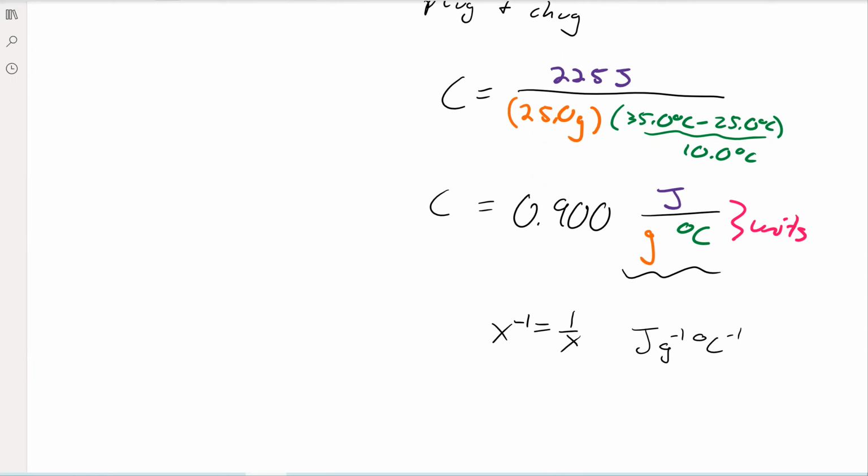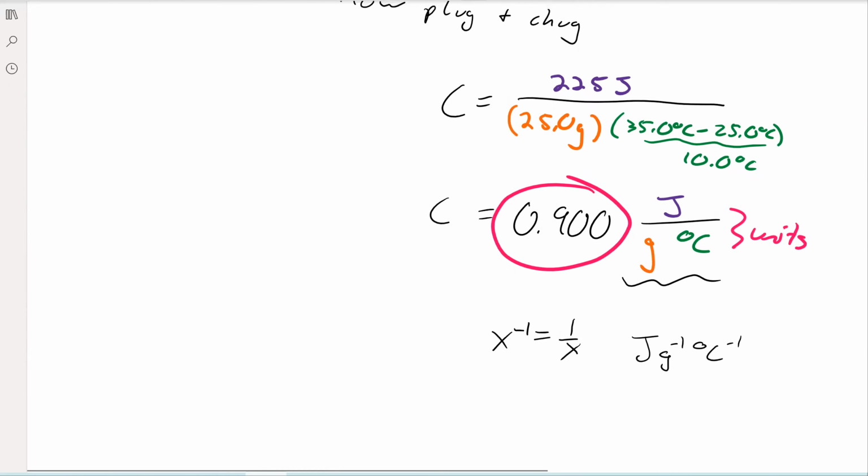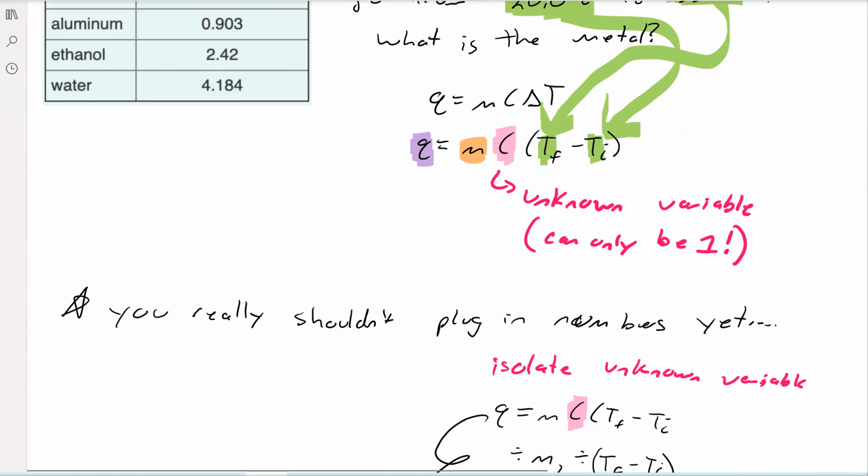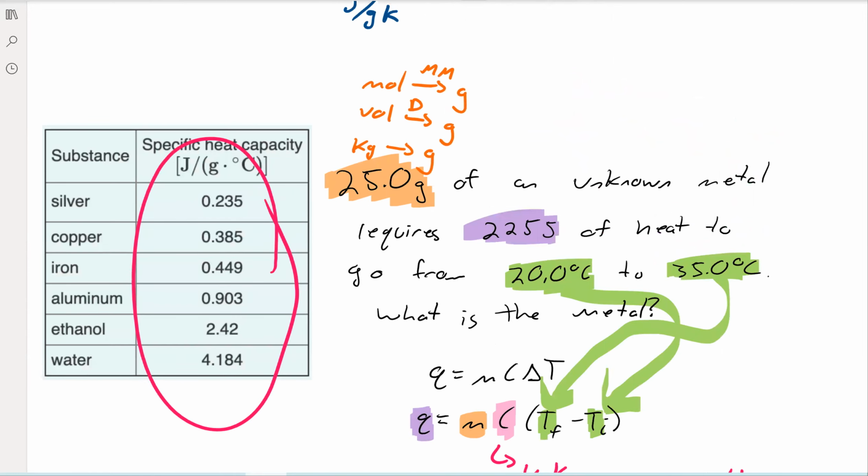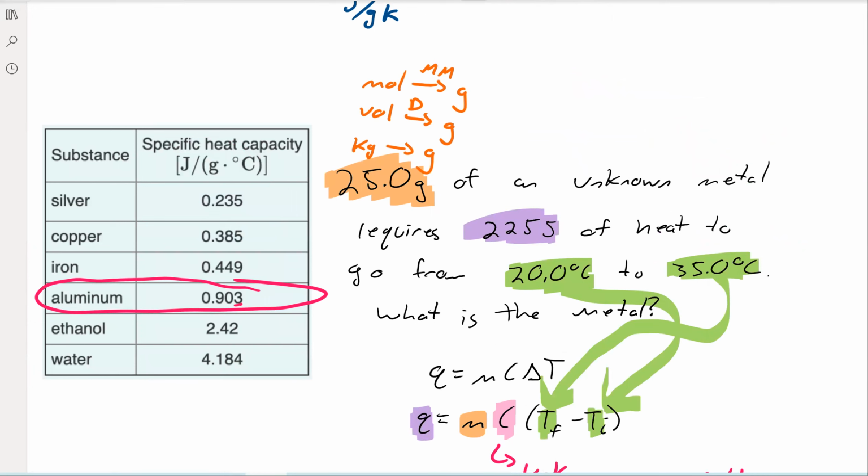Not too important. Anyways, let's go ahead and check our answer, right? So now we know our metal has 0.900 joules per gram degree Celsius as the specific heat. We take a look at our table, see which one matches, and we find that aluminum matches, right? Note that our uncertain digit is different, but that's fine because it's the uncertain digit. And so our compound here is aluminum.